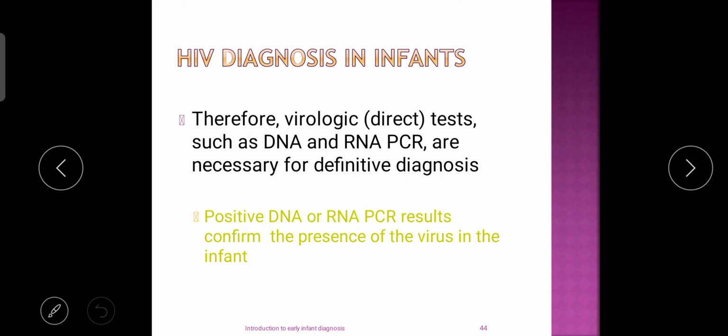Therefore biologic direct tests such as DNA or RNA PCR are necessary for the definitive diagnosis. Normally they go for an ELISA test for HIV confirmation, but in infants below 18 months of age it is not possible to confirm that way. So they go for a DNA or RNA test, and a positive DNA or RNA PCR result confirms the presence of virus in the infant.